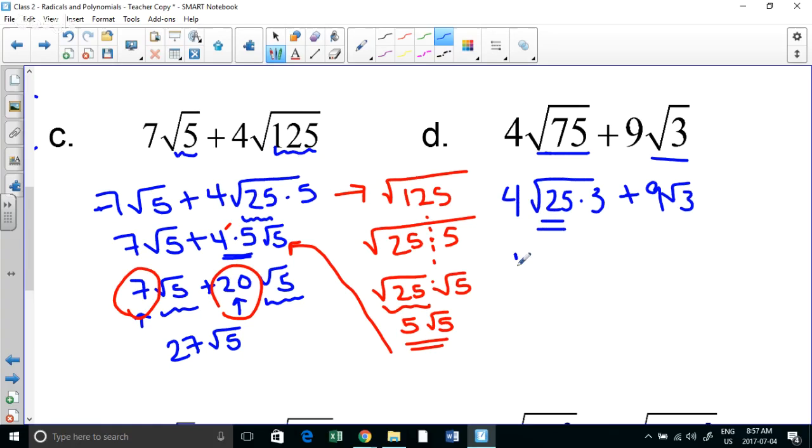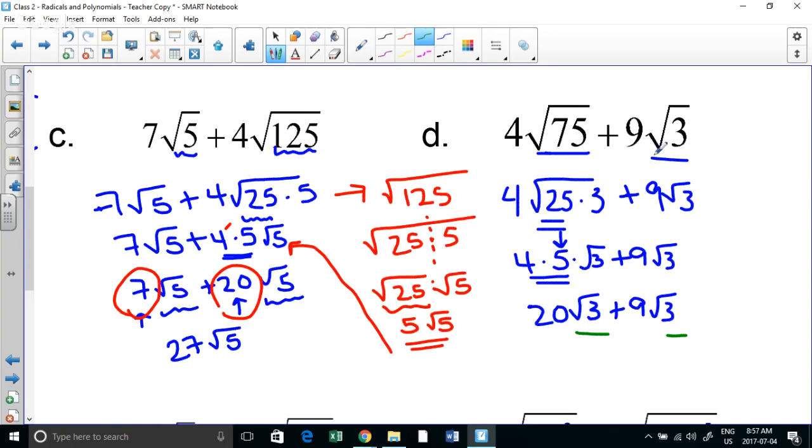Everything here can be taken out because the root of 25 is 5. And then we have the root of 3 underneath. 4 times 5, coincidentally, we have the same thing as before, becomes 20. And we have 9 root 3. Now that our bases are identical, we have the root 3 and the root 3. We can put them together, so we just take these coefficients and add them, so we get 29 of root 3.